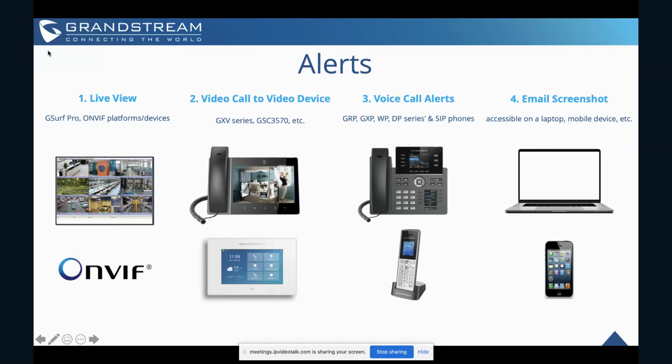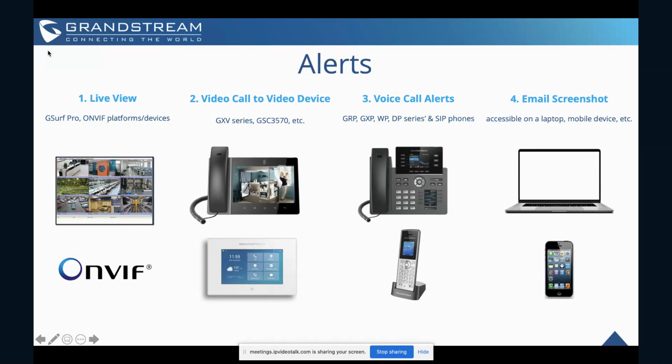So with maybe employees that don't have video phones, or if you don't have any video phones, that's another great way to allow the cameras to notify you. Obviously, by doing it that way, you can also receive the alerts on Grandstream Wave, our free soft phone app running on an Android or iOS device, for example.